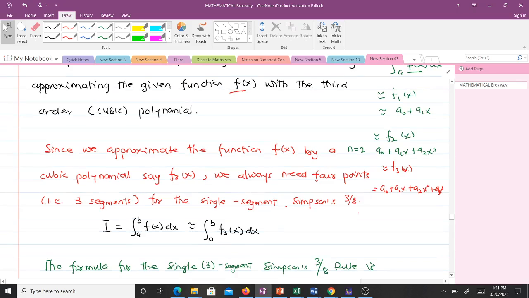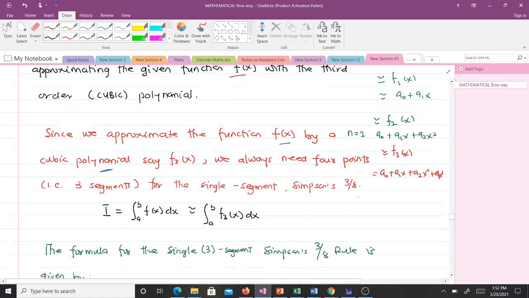So since we approximate the function f of x by a cubic polynomial, say f3 of x, we always need 4 points, that is 3 segments, for the single segment Simpson's 3/8 rule. So I hope you get that.